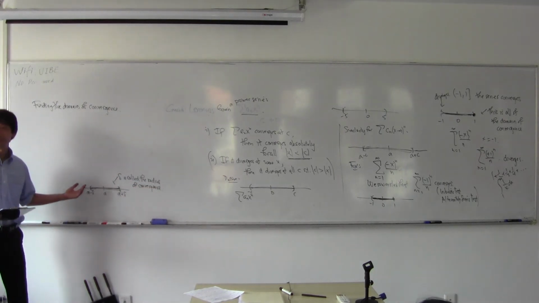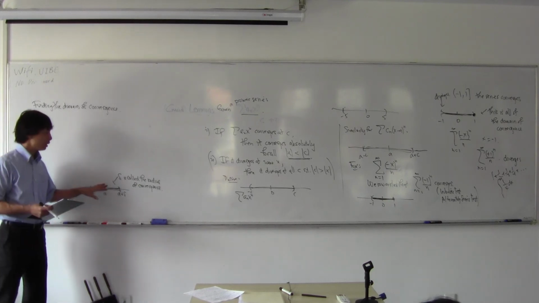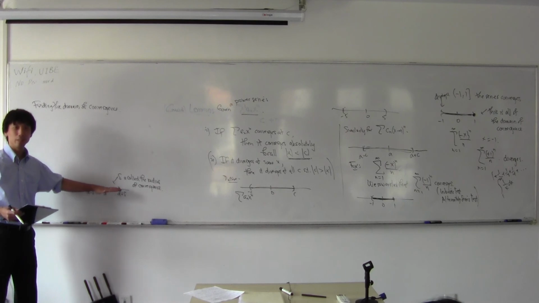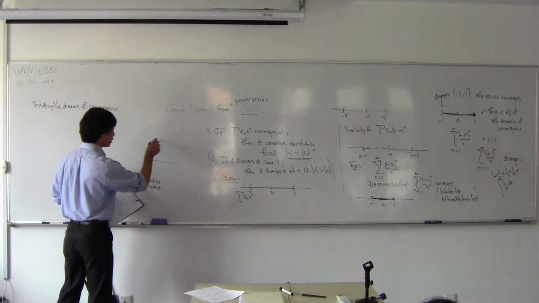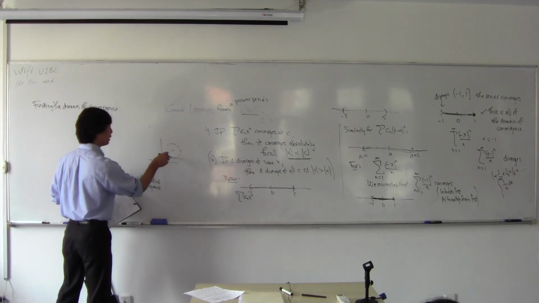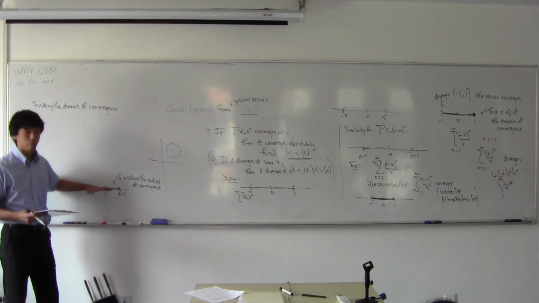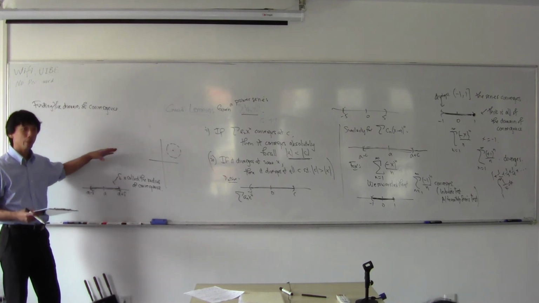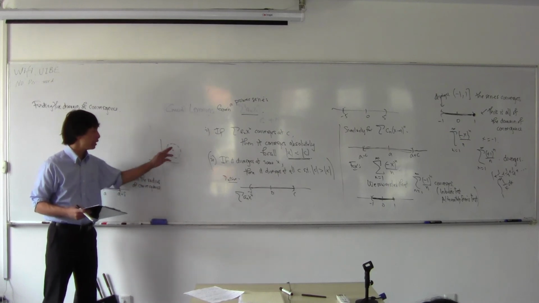Why is it called a radius? It doesn't look like a disk. The reason is that once you get into complex numbers, it actually turns into disks. Once you leave the real numbers and start talking about power series with complex numbers, you have a disk with a radius.